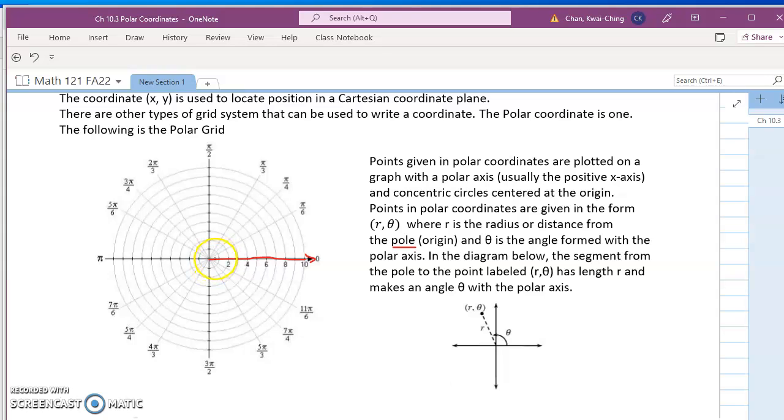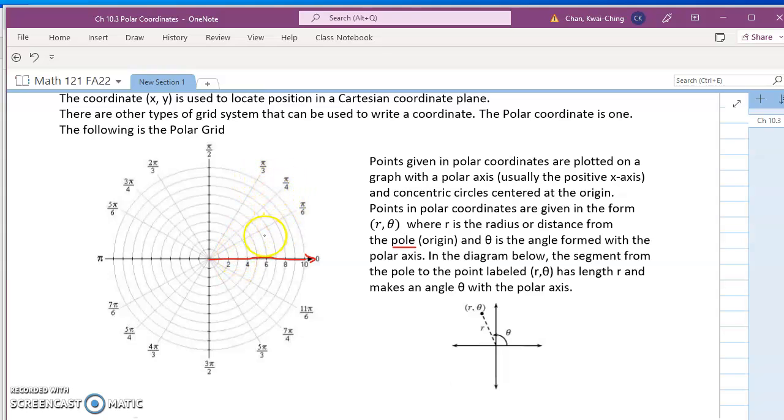The radius is how far away that point is from the pole. The other number that we use to identify a position is theta, the angle: how far that point is from the polar axis in a counterclockwise direction.